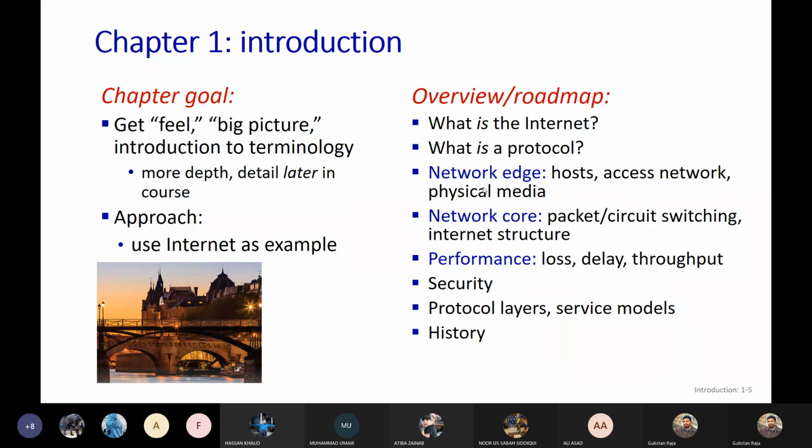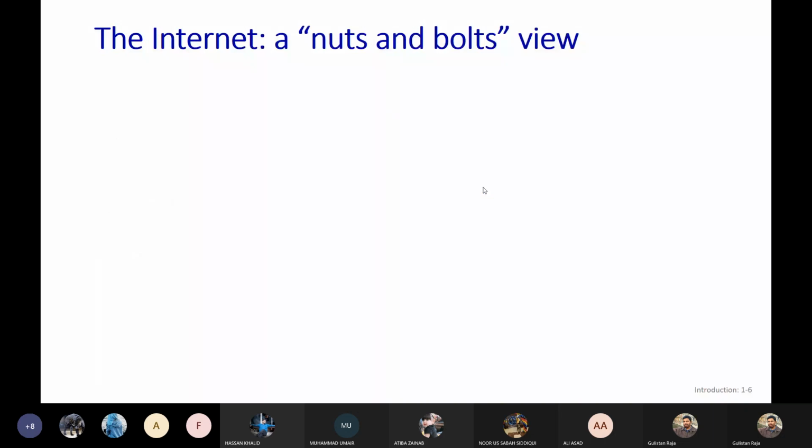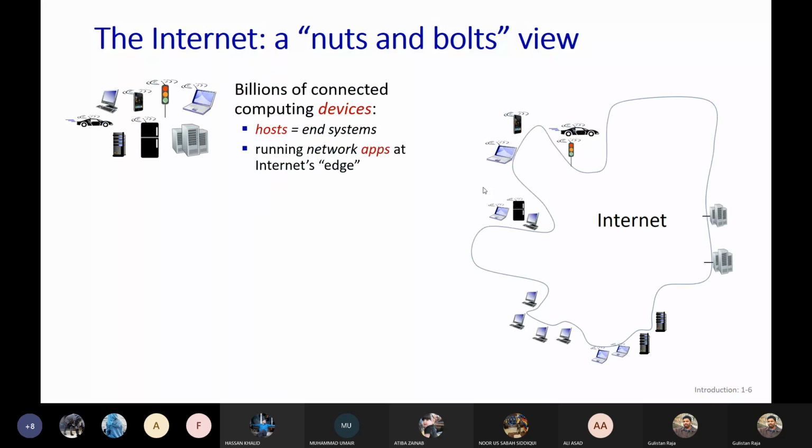Okay, ji. So let's start with the nuts and bolts view. Again, the basic view, the big picture of internet. We have billions of connected devices, for instance smartphones, wireless laptops, desktops, and many other devices which are connected with each other.